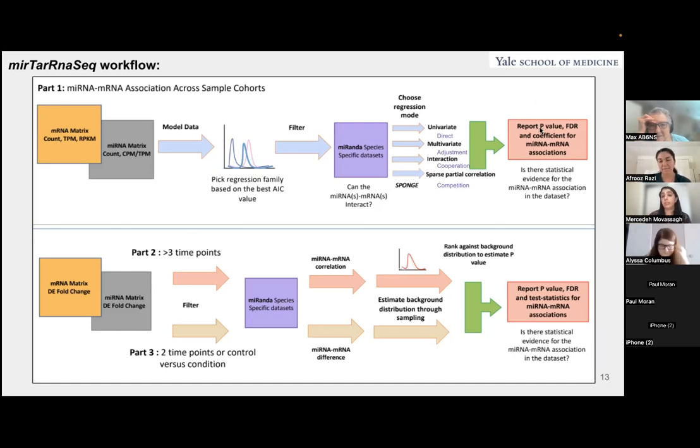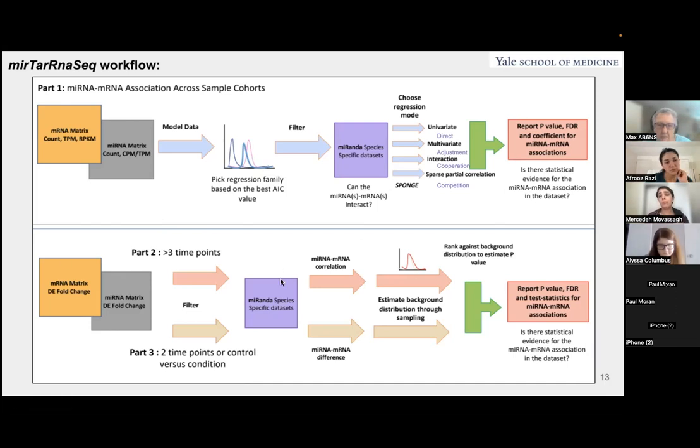So this is the first part. We recommend this first part to be done on 20 samples or more, because this is what gives you good statistics. This sort of model works well if you have more samples. Now, for situations where you have fewer samples, so you have time point data, what you can do is use correlations. And you work with fold change data, no longer count data. So for 3 or more fold changes, you are looking for inverse relationships between microRNAs and mRNAs across your samples.